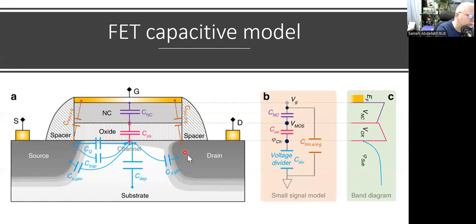On the left and on the right, we have p-n junctions because this drain and this source are P or N, and the substrate is B. Then we have a p-n junction here and a p-n junction there. Again, between the channel and the substrate, we have a p-n junction.